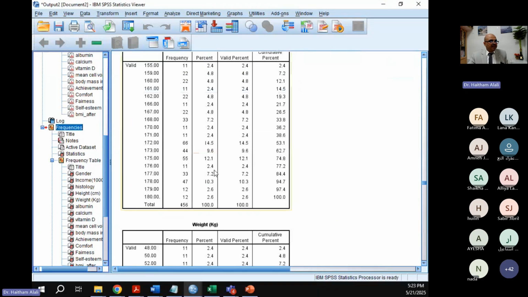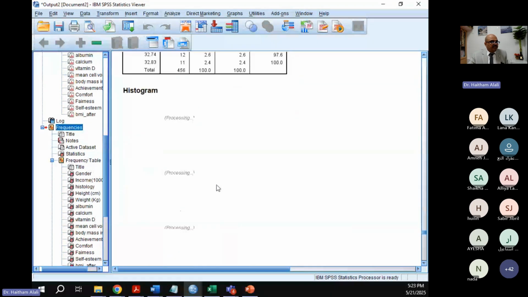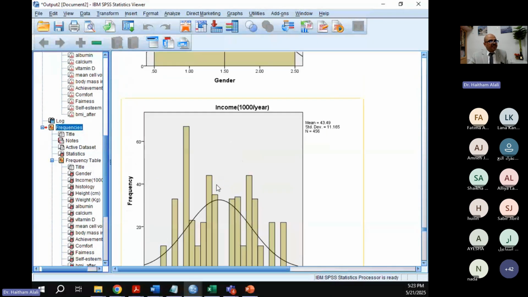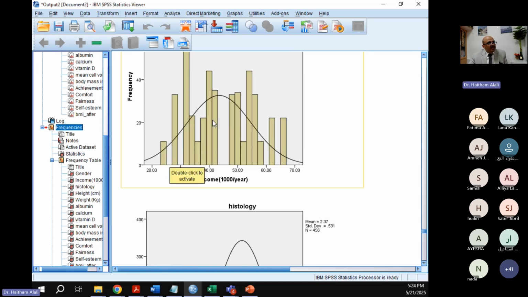Yes. Most important, in the table go to the normality, for example the histogram, and you see here the normal curve. As you see, there's a depression in this line and here there's an elevation. Okay guys, it's almost not normal data. This is almost normal, but you see this line also.